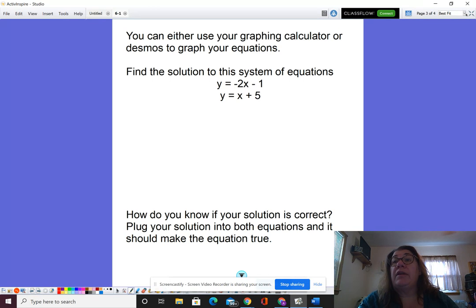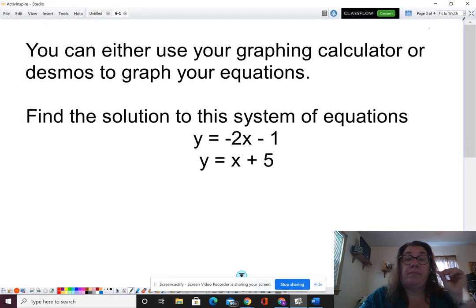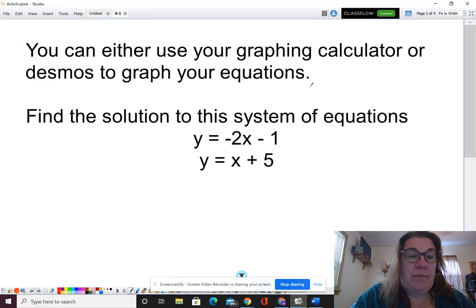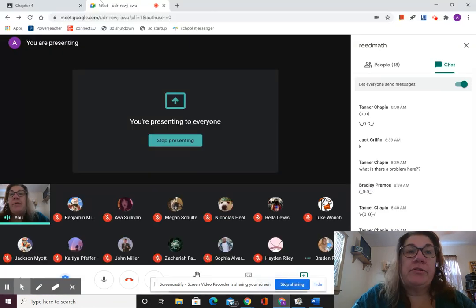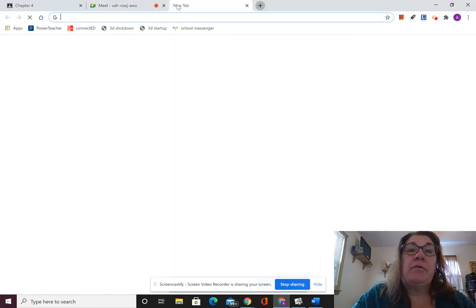So let's look at these 2 equations. Find the solution to these 2 equations. I am going to go into Desmos to write those 2 equations and graph them out.